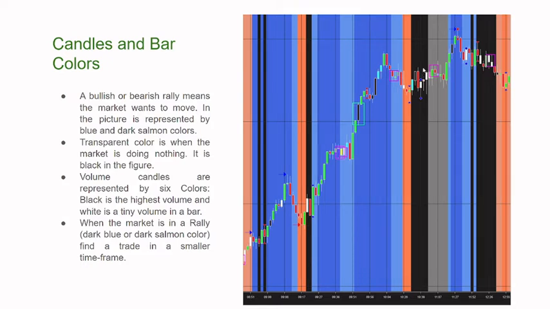Here, the background is black; in fact, you configured this as a transparent color. This means that the market is going nowhere, so I don't care about this, neither the black nor the squeeze. What is the difference between transparent and a squeeze?